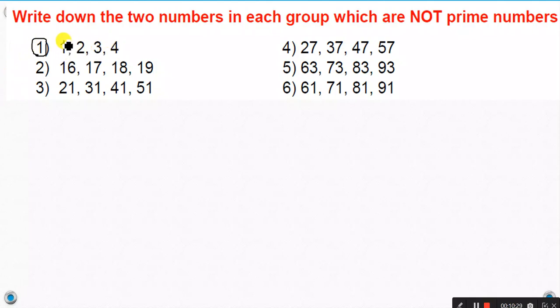As we said before, 1 is not a prime and also not a composite, so it is neither. 2 is a prime number and 3 is a prime number. So here 4 and 1 are not prime numbers.